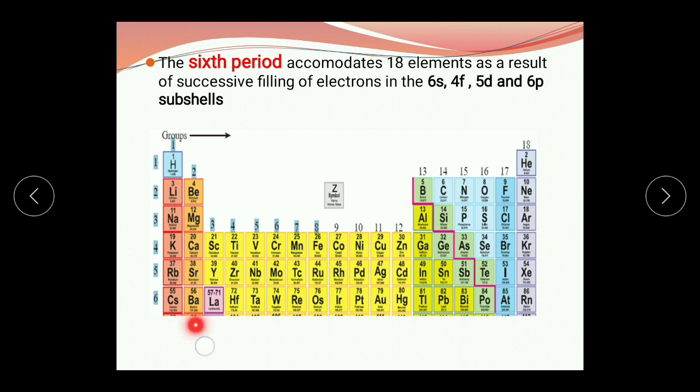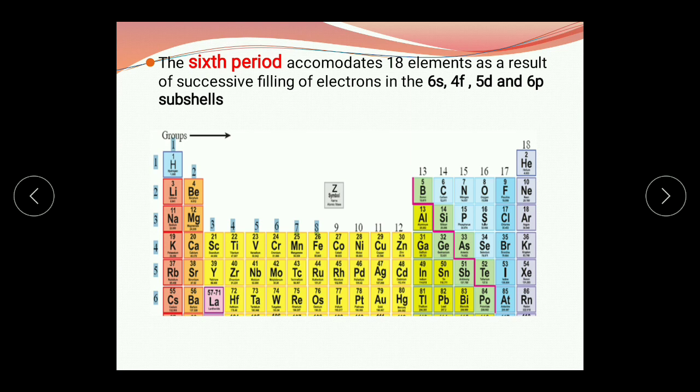That means in all, 2 plus 14 plus 10 plus 6, that means 32 elements are there in the 6th period. And the 6th period completes with the 6th shell, which is complete with 6s.